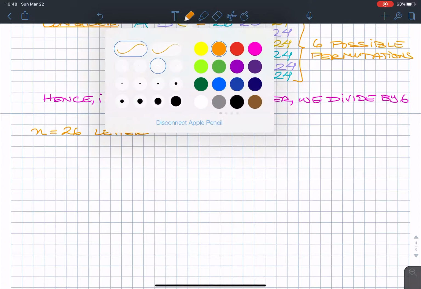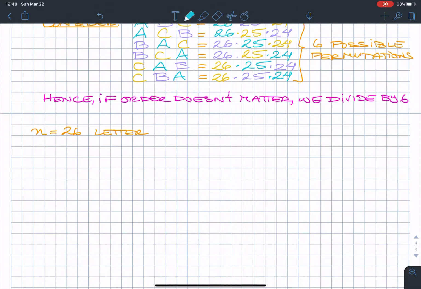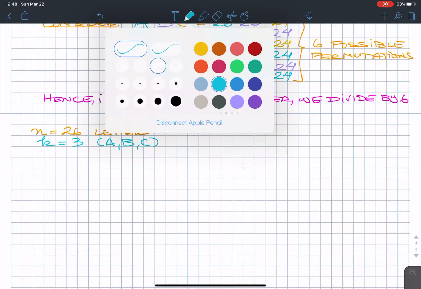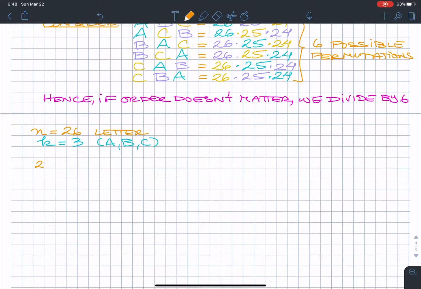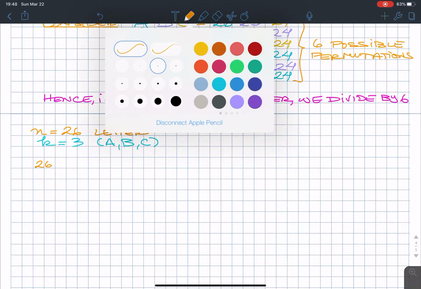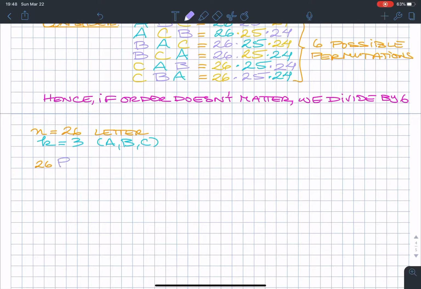K was 3 because we want A, B, and C. So let's do 26 permute 3, but then I'm going to divide that by 6.